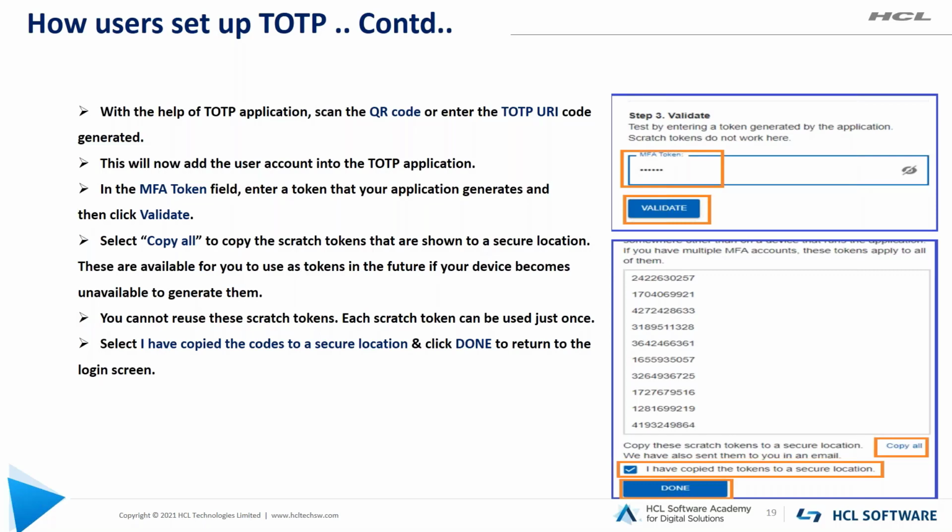These scratch tokens are available for you to use as a token in future if your device becomes unavailable, and you cannot reuse these scratch tokens. Now select I have copied the tokens to a secure location and click on Done to complete the user setup. Moving to next slide.